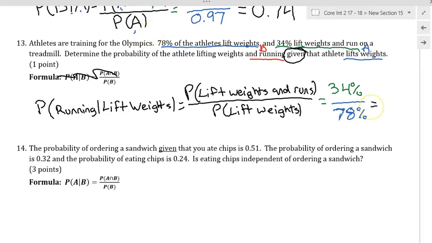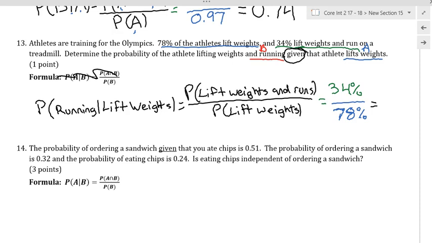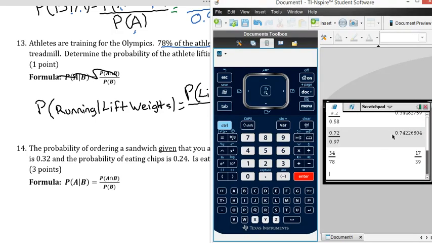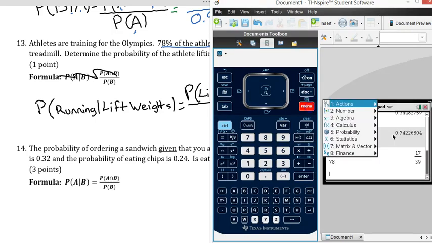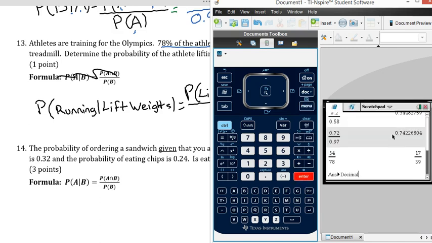Again, I'm just going to divide these. So I have 34 divided by 78, and I get 17 out of 31. And I want that as a decimal, so I'm just going to go to menu, number, convert decimal.